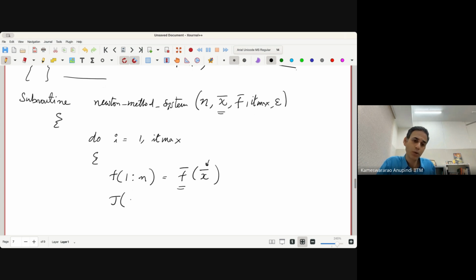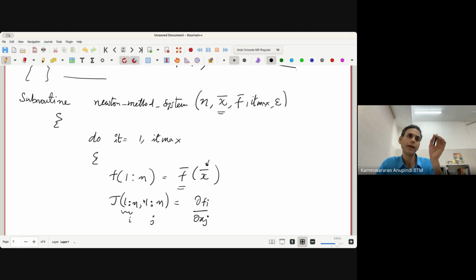The Jacobian is now a matrix of size 1 to n by 1 to n. That means I need to calculate the Jacobian quantities, which are essentially partial f_i by partial x_j, right? My f bar is given, and then I'm going to differentiate. Let us say i is rows and j is columns.